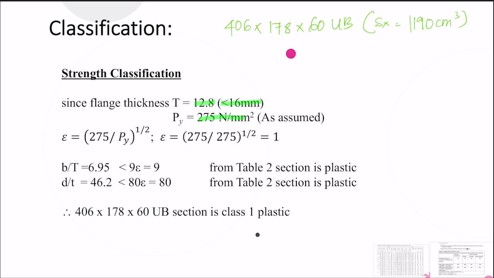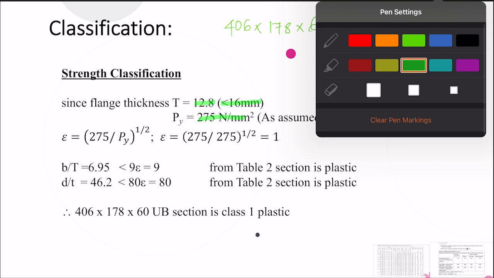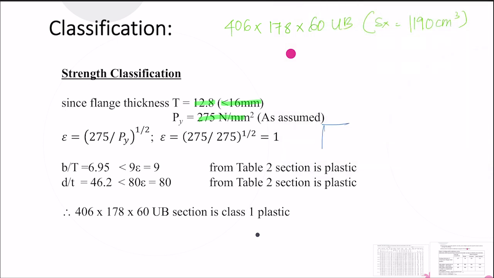So we're going to calculate the value of the constant, which is the square root of 275 divided by PY. So we insert the value of PY because our assumption was correct. So if you square root it, you still get the square root of 1, which is 1.